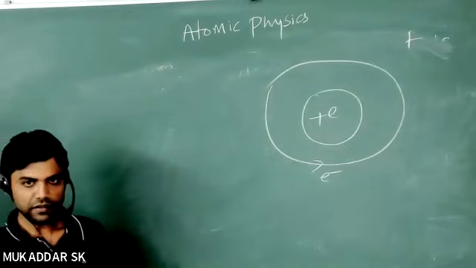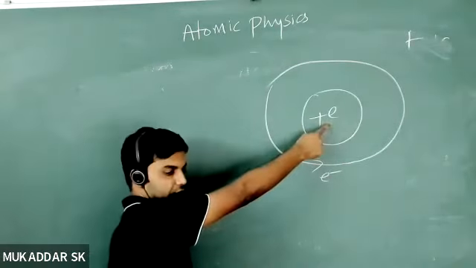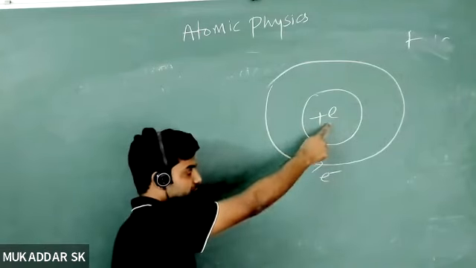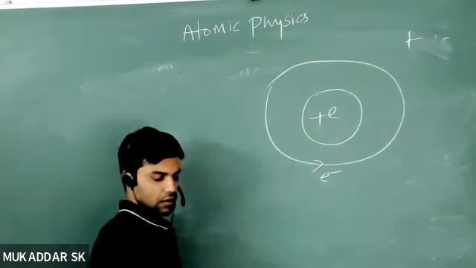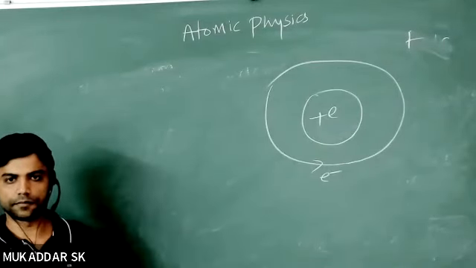Before doing any calculation, you see the mass of the nucleus is finite and it is the same as the electron. So first you have to calculate the reduced mass, then go for energy.